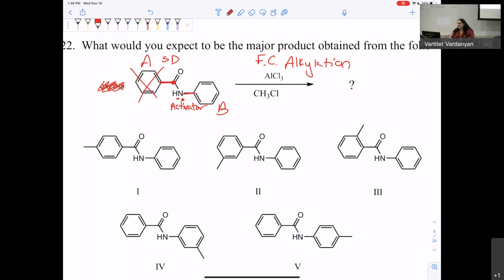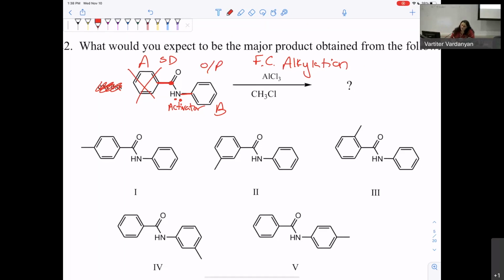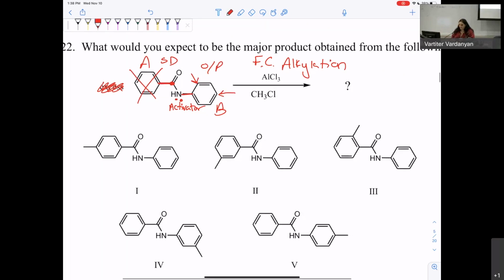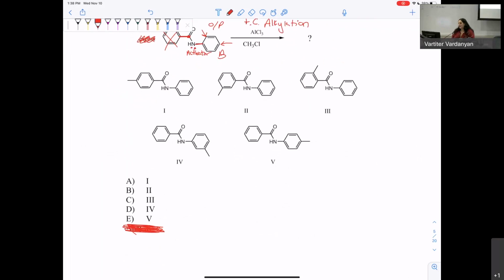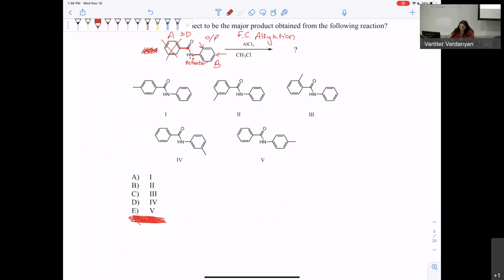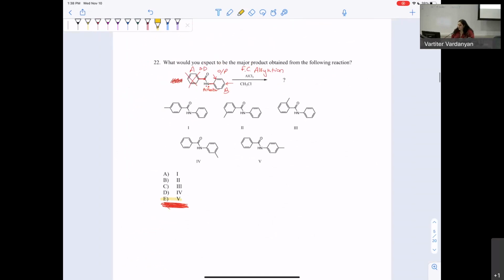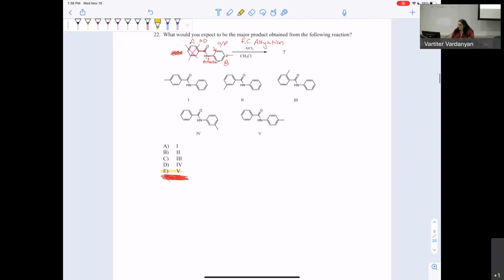All right. So at this point, if we have an activator, where do they direct? Ortho, para. Cool. So the answer could either be here or here. Which one matches? Number 5. I mean, it could be either, and actually the right answer is para, but theoretically speaking, it could happen to either one.